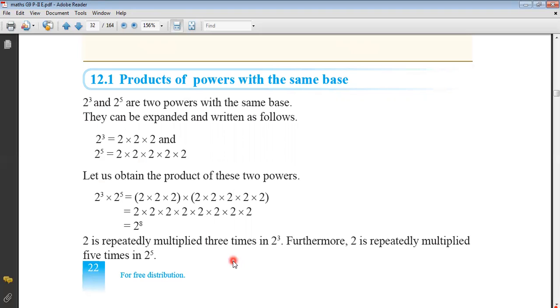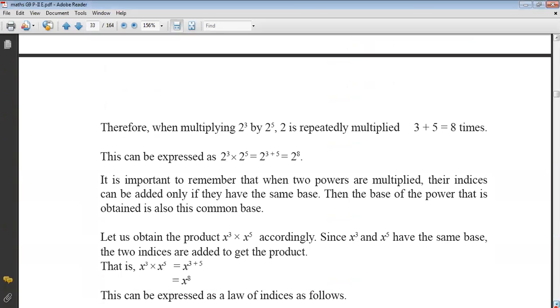2 is repeatedly multiplied 3 times in the third power of 2. Furthermore, 2 is repeatedly multiplied 5 times in the fifth power of 2. Therefore, when multiplying third power of 2 and fifth power of 2, 2 is repeatedly multiplied 3 plus 5, that is 8 times.